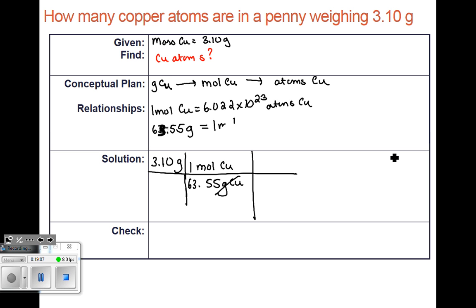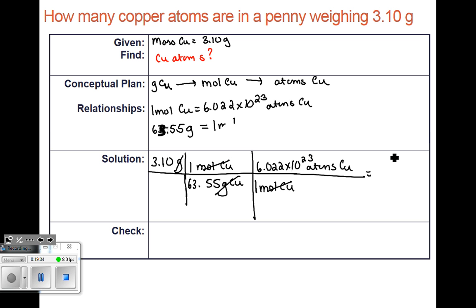So that cancels out our grams. Now we're looking at our moles. And again, that's our relationship with Avogadro's number. Our moles of copper cancel out. We're left with atoms, so we can follow our units and see that we set this up correctly.